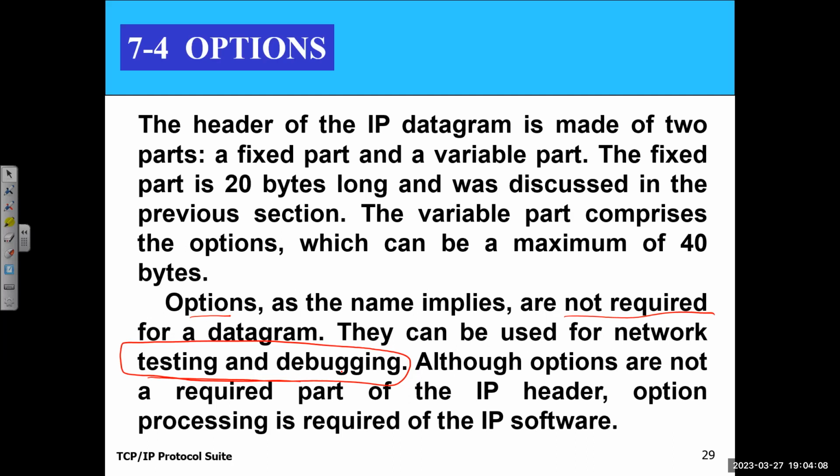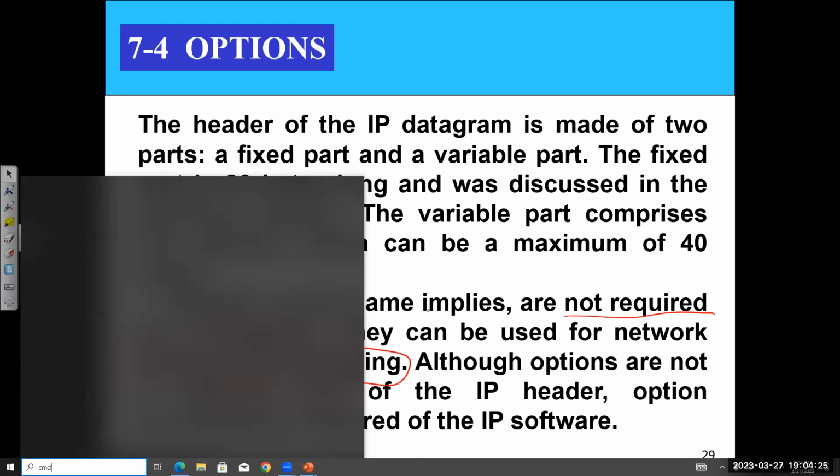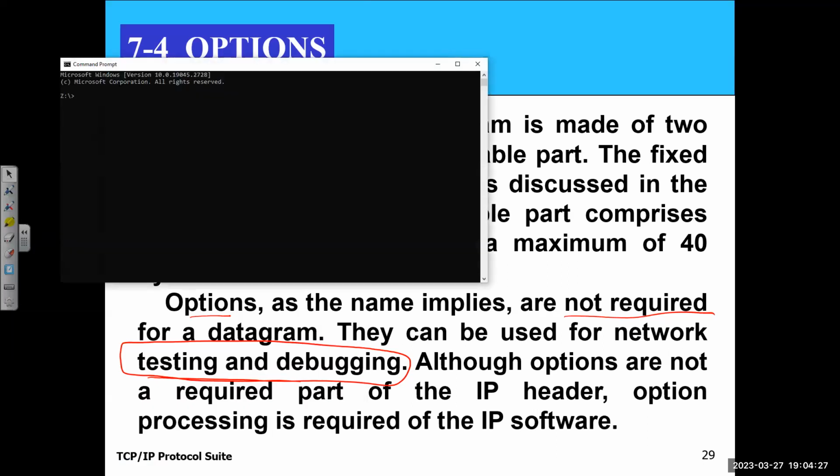If you want to check that the destination is alive, which command do we use? Ping. Now, if you go to CMD, let's say I want to check if Google is live. I ping the Google website.